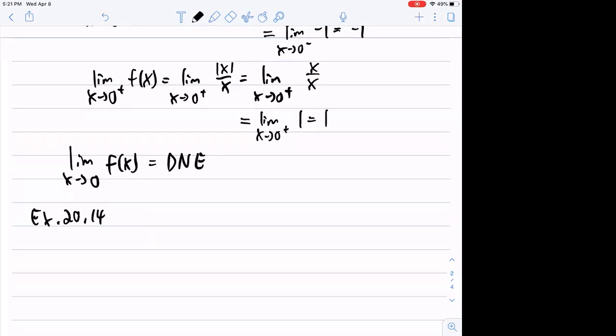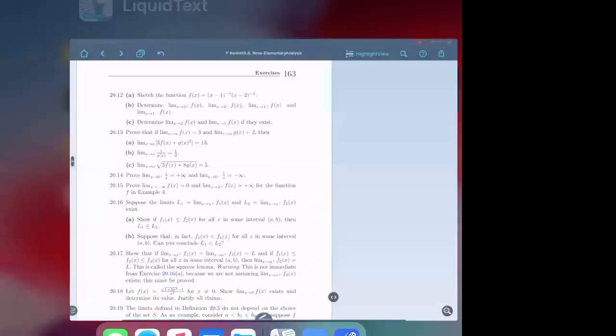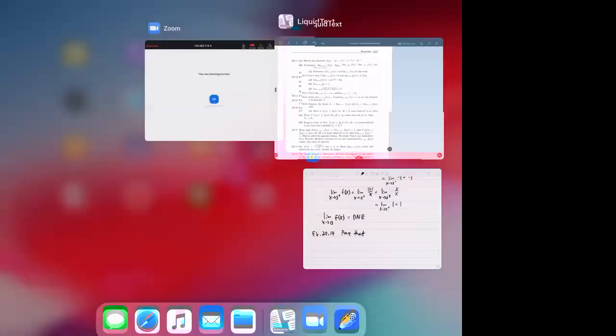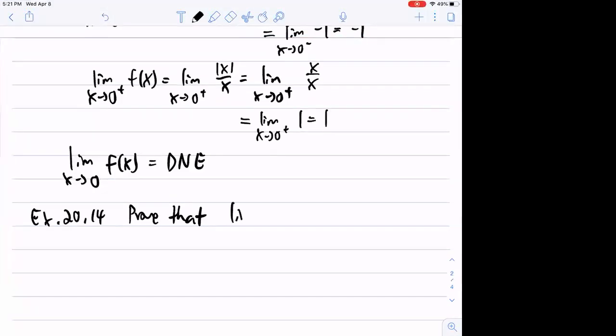Exercise 20.14. We want to prove that, so this is an example of using epsilon-deltas. Prove that the limit as x goes to 0 from the right of 1 over x is plus infinity, and the limit as x goes to 0 from the left is minus infinity.